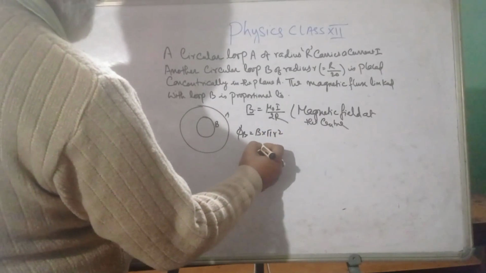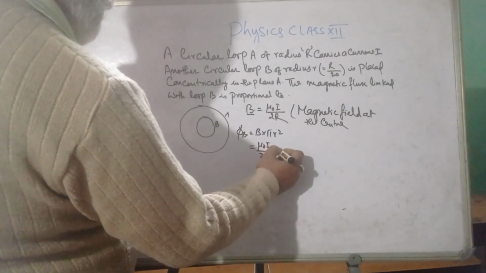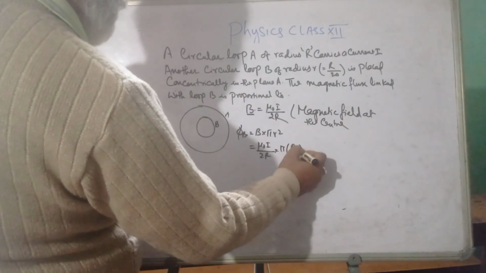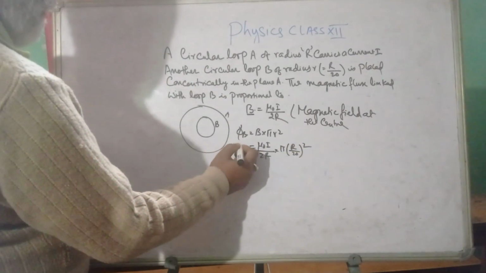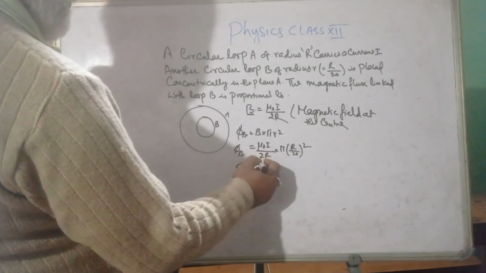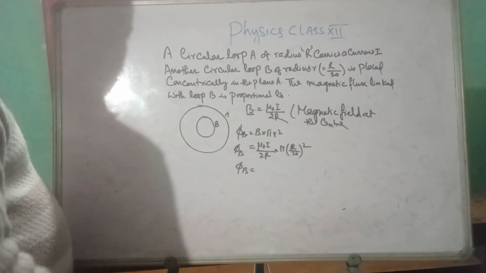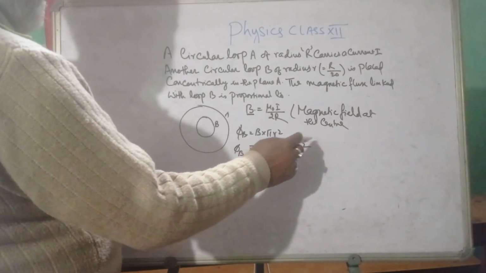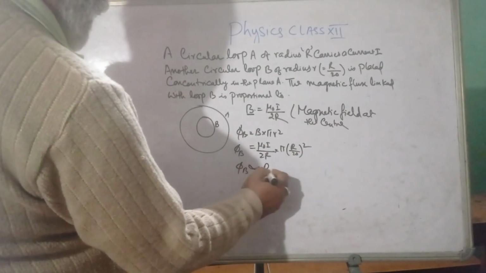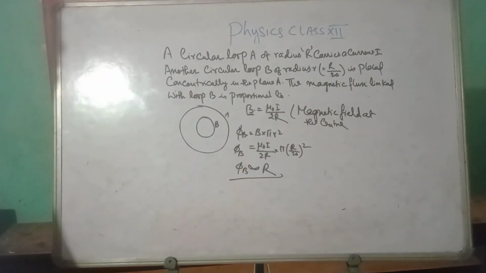So this comes out to be mu naught I by 2r into pi, radius is given to you as r by 20, the whole square. This is phi B. Here all these are constant, and r and r square, one r cancels out, so you will get phi B is proportional to r. So this is your answer.